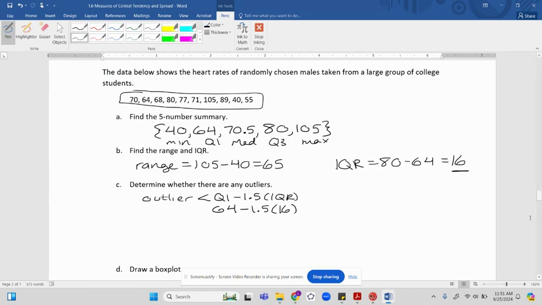So if we have any outliers, they would be less than 40. Do we have any values up here that are less than 40? Almost. We have a 40, but nothing that's less than 40. So we don't have any outliers on the lower end. Do we have any outliers on the upper end? Well, now we use the other outlier formula that you wrote above. If it's greater than Q3 plus 1.5 times the IQR.